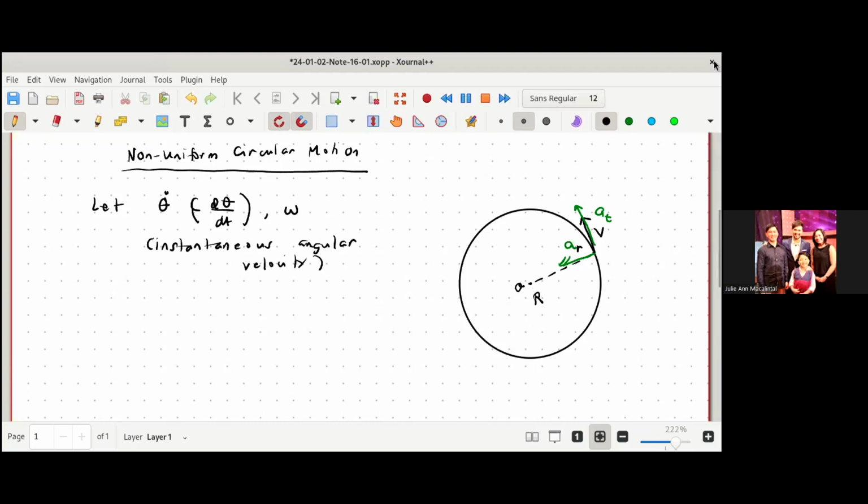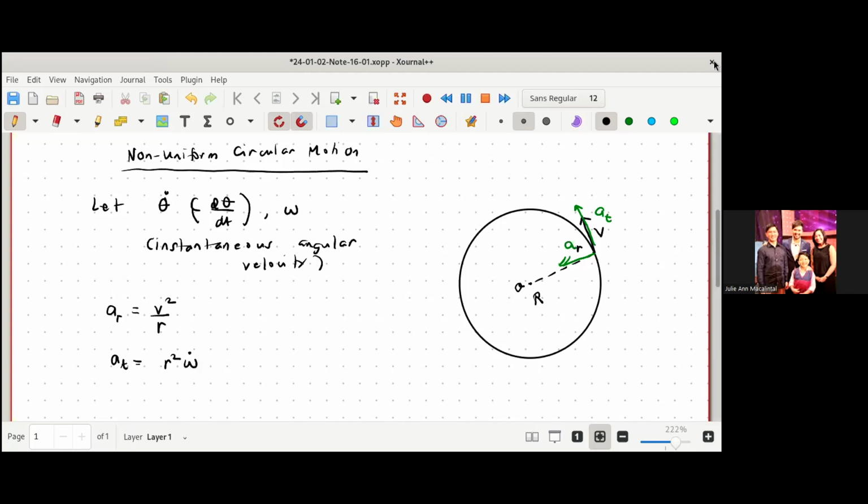Then, yung radial acceleration is going to be v squared over r, with the instantaneous speed. Tapos yung tangential is going to be r omega dot.